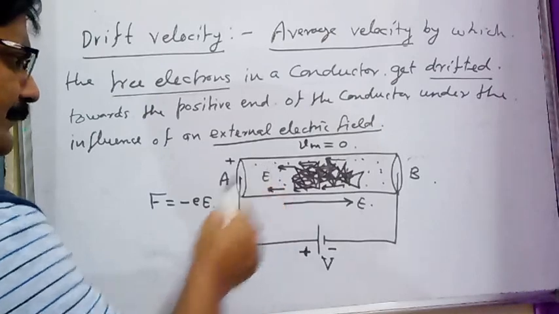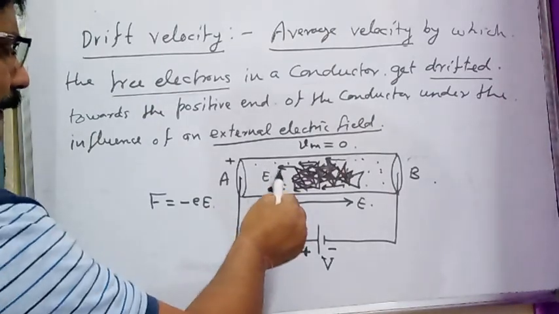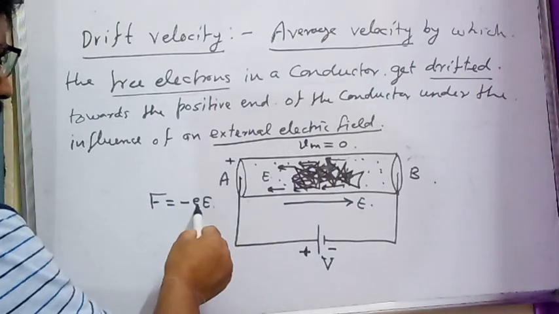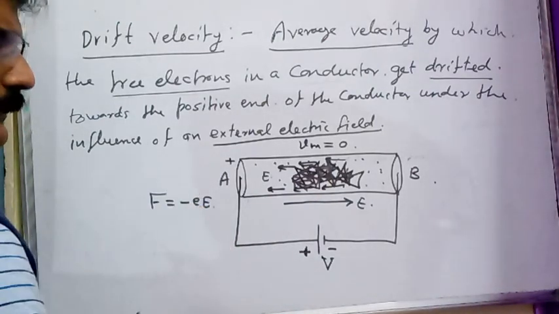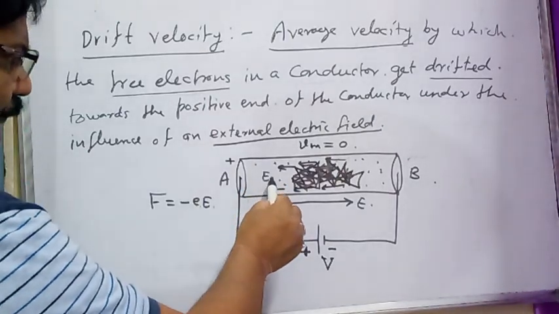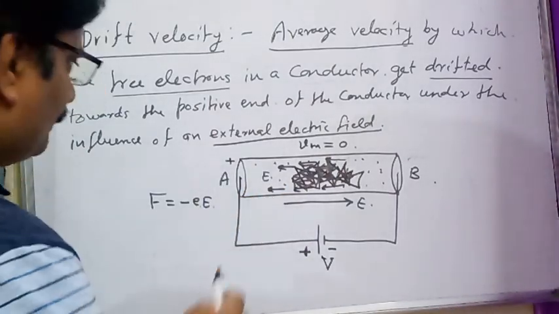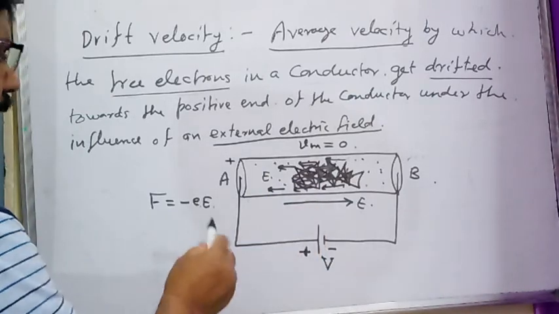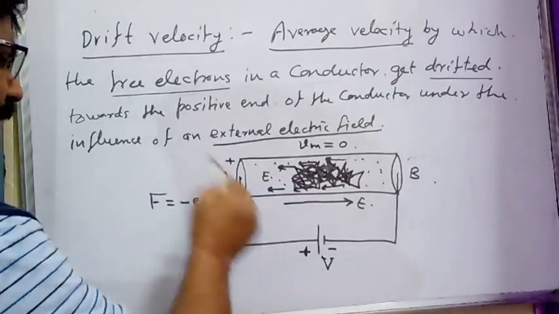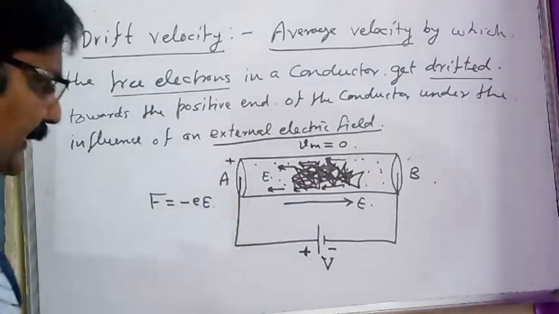Suppose there is one electron in the conductor having charge e. Consider the force acting on the electron due to this electric field. Mass of the electron is m. The electron is getting accelerated towards the positive terminal. What is going to be the acceleration of the electron?